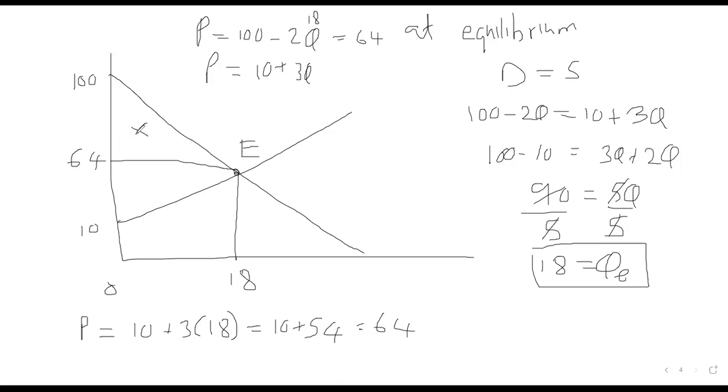There's X and Y. Which one is our consumer surplus and which one is our producer surplus, between X and Y? X is consumer and Y is producer. Okay. X is our consumer surplus and Y is our producer surplus.